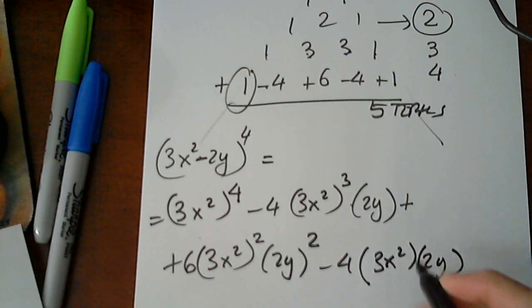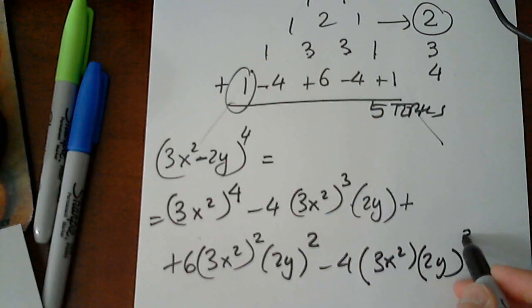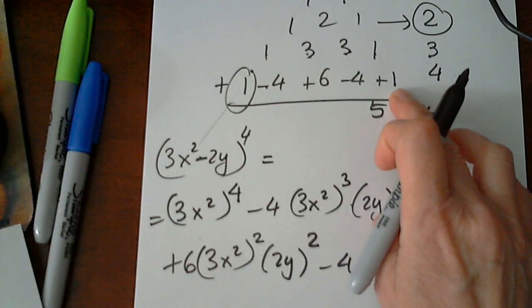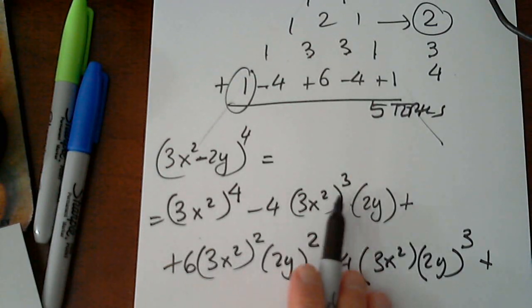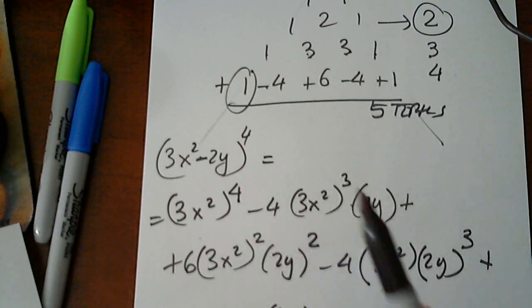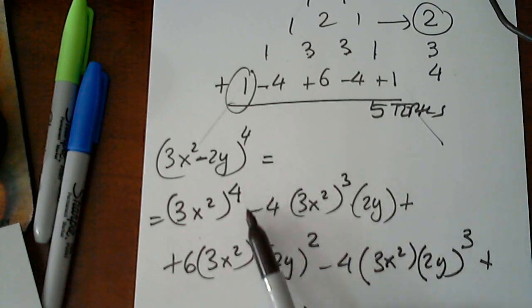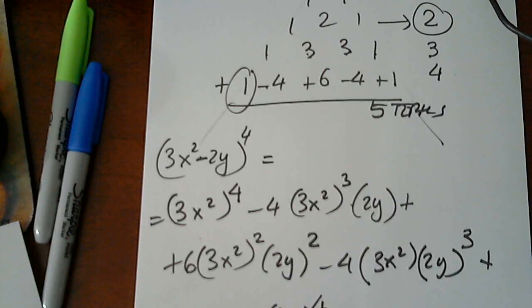The second term went from power 0 to power 1 to power 2, then this must be power 3. Final term, positive 1. There is no more term 1. It had power 4, 3, 2, 1, now it's at 0. The only term now is 2y. And finally, it increases its power to the maximum. It was 0 here, was power 1, was power 2, was power 3. This must be power 4.